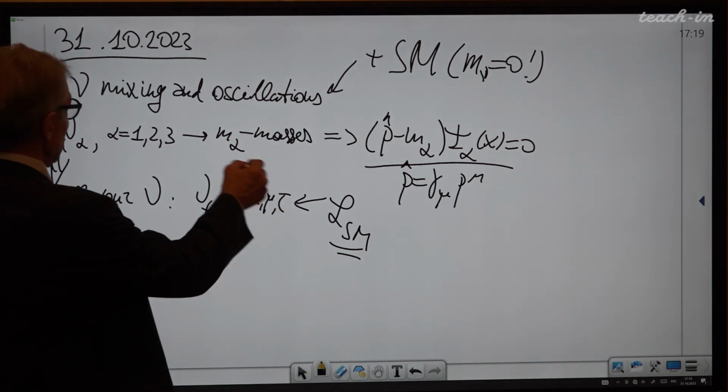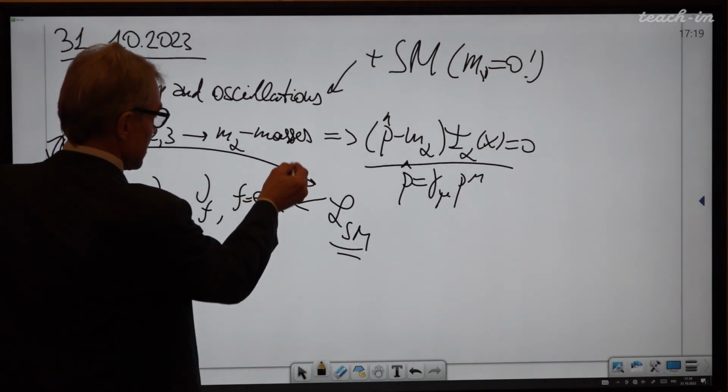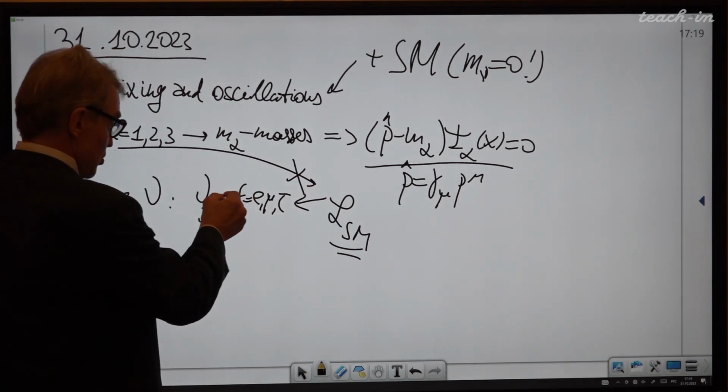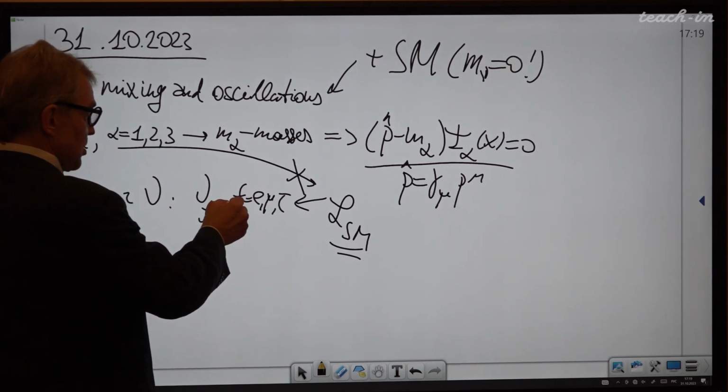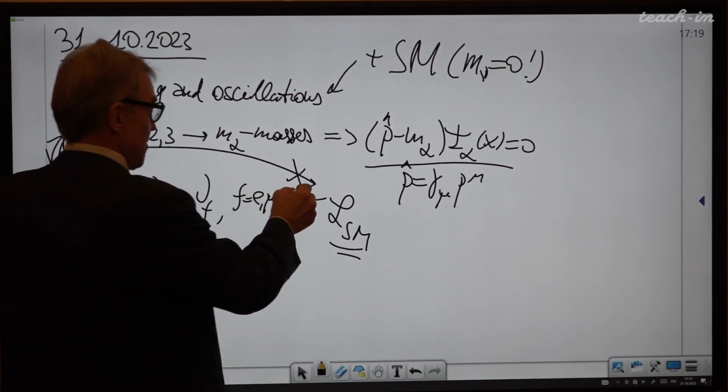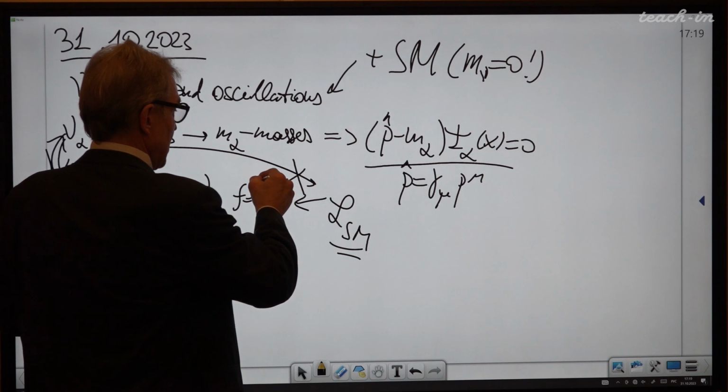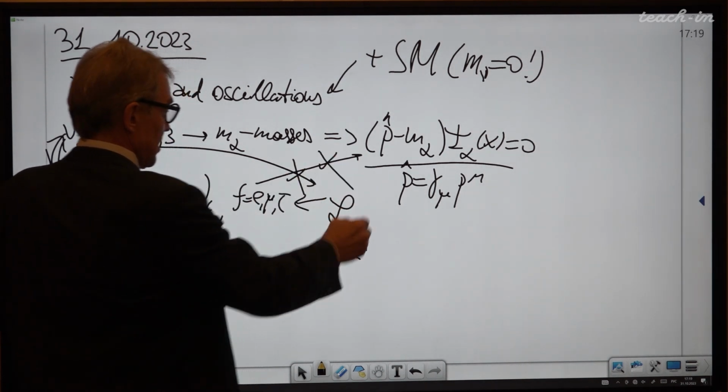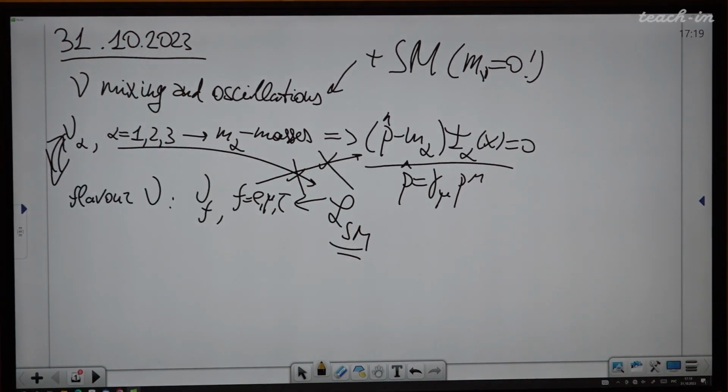Not these neutrinos, but these. And also, these neutrinos are not accessible for the problem of propagation, because they have no masses.